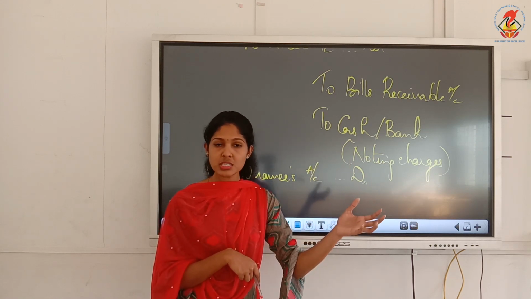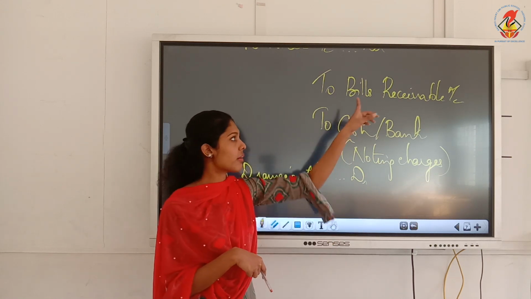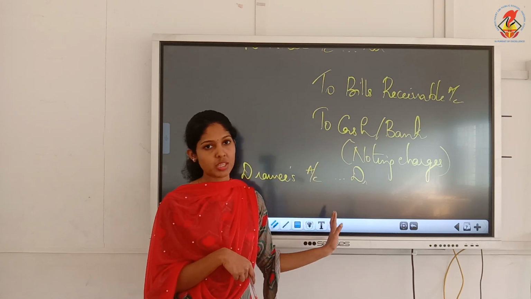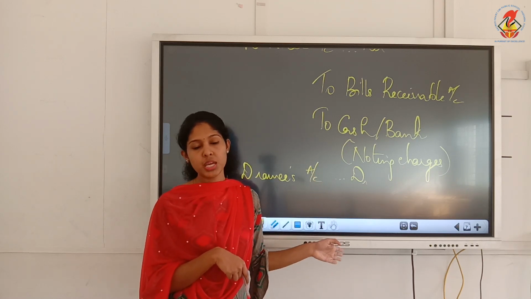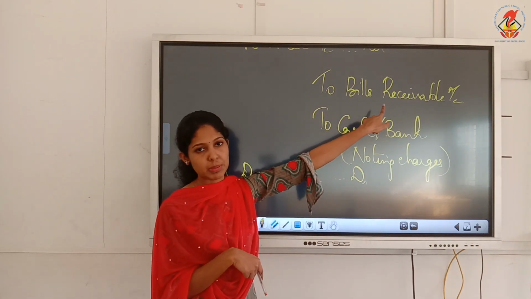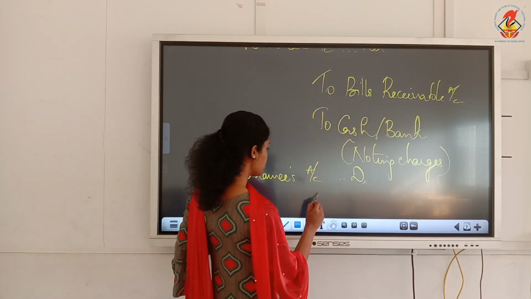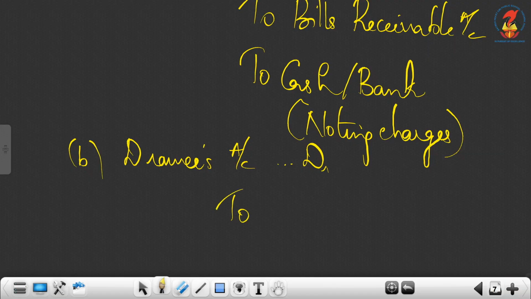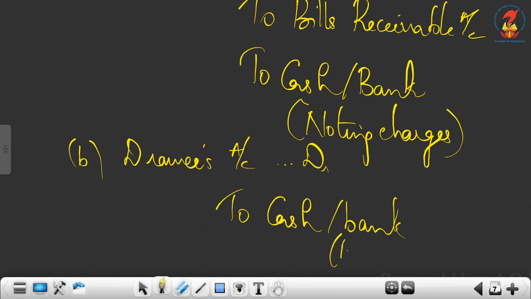In the previous case it was retained by the drawer, so we credited it. But now the drawer is not having the bill with him, it has been given to the bank already. So you don't have to credit bills receivable. What you have to do is drawer's account debtor to cashier bank we will credit because we have to pay noting charges.